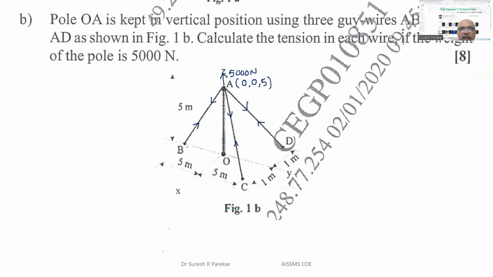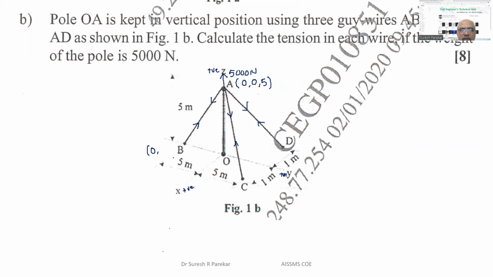Then we have to go to coordinate B. You can see coordinate B is on the Y axis. If it is on the Y axis, my values of X and Z are 0, and Y we have towards negative Y shown here. On this side we have Y positive, on this side we have X positive, and in the Z direction we have positive.